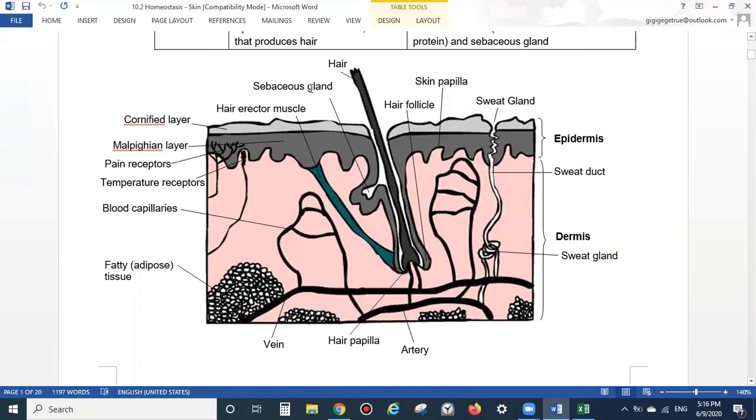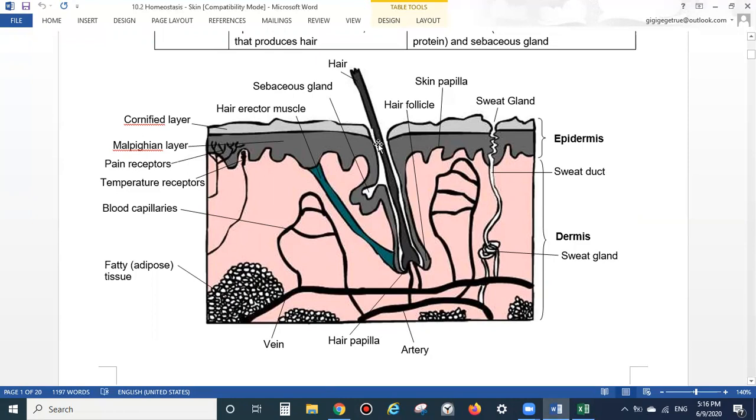Okay, you might be wondering what a sebaceous gland is. Sebaceous gland produces sebum. Sebum is another name for oil. So if you are undergoing puberty now, you probably have a lot of problems with pimples on your face. That is because of your overactive sebaceous gland due to your messy hormones during puberty.